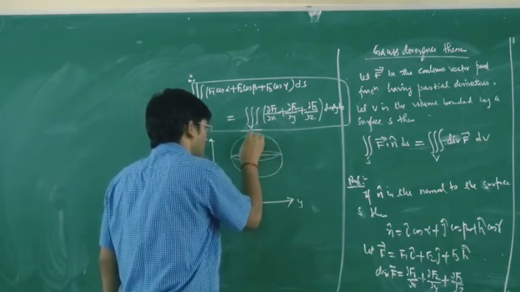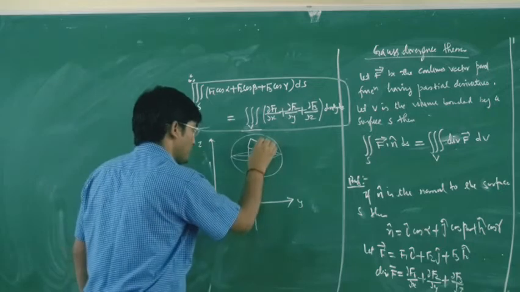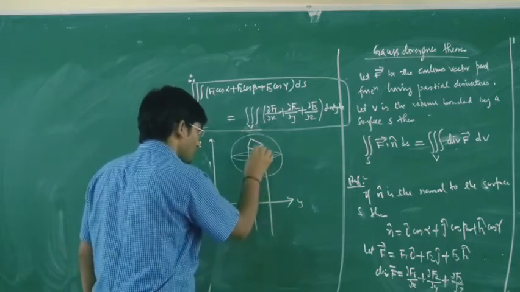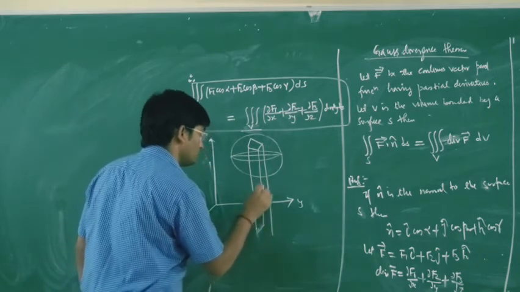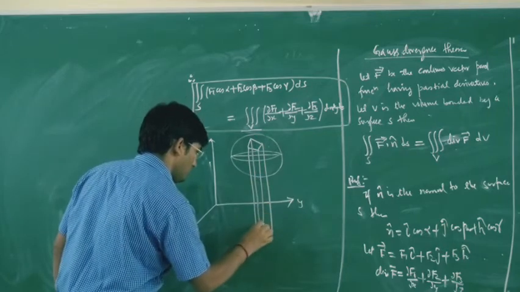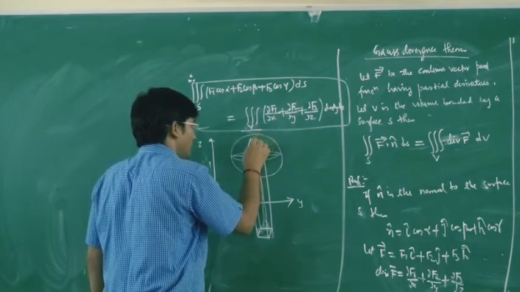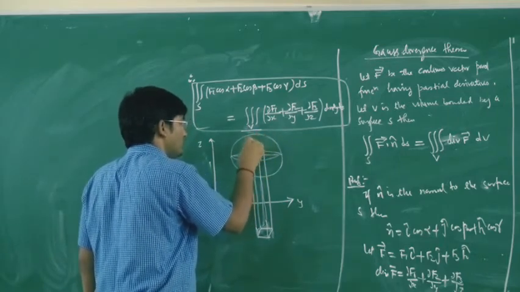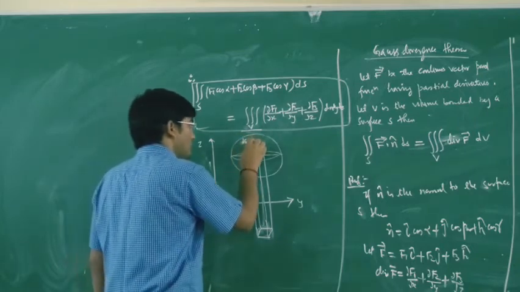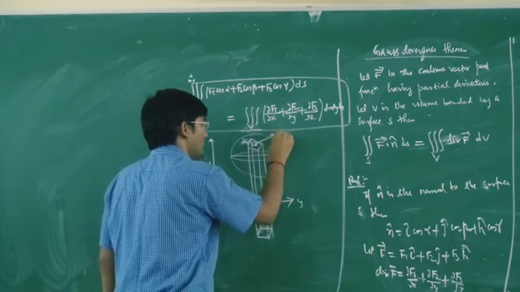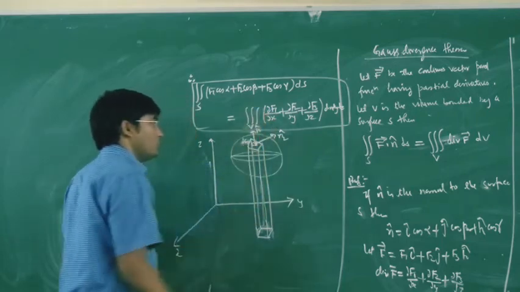So if this is your upper half of the sphere or surface, then let us take its projection. Then we have this plane. Say this is your S2, and the elementary area of this surface is ds2. Suppose the unit normal to this surface is n2 cap, and the normal to the xy plane is k cap.